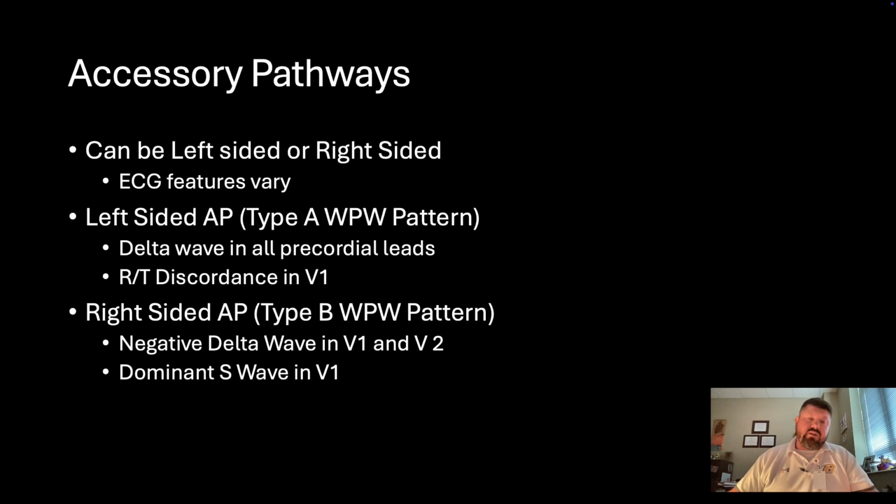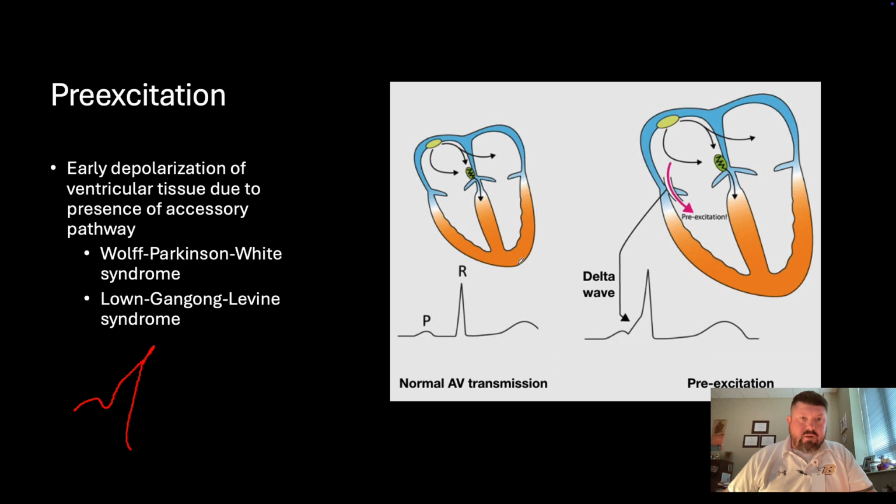So with your accessory pathways, you can have a left-sided or right-sided accessory pathway, and on the ECG you will see the characteristics of Wolff-Parkinson-White, the short PR interval and the delta wave, but then you'll see some other changes depending on what type it is. This example right here is showing a right-sided accessory pathway, but you could have a left-sided accessory pathway as well, and because of the way that it's depolarizing, it will show up a little bit different.